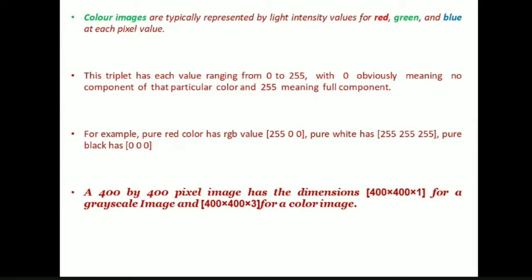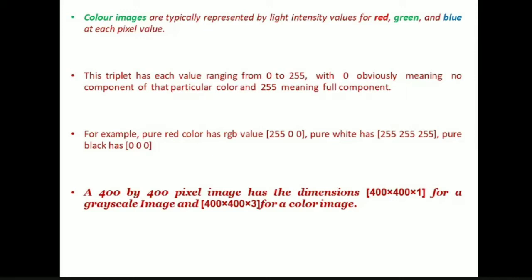So the green value is 0 and the blue value is also 0. And a pixel that is pure white will be given as 255, 255, 255. And a pixel with complete black color is represented with 0, 0, 0. So this is how we represent a color image using the triplet.